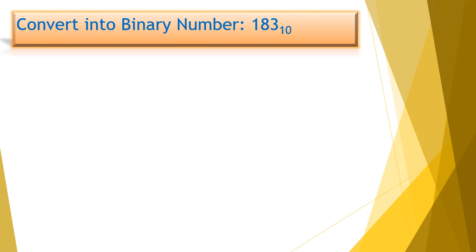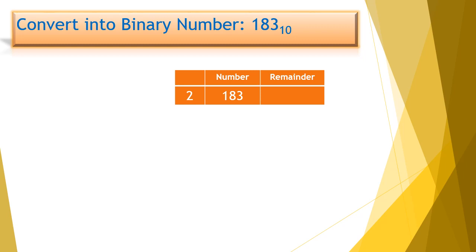We see the procedure here. The given decimal number is 183. We divide it by 2 and get the quotient and the remainder in the respective columns.